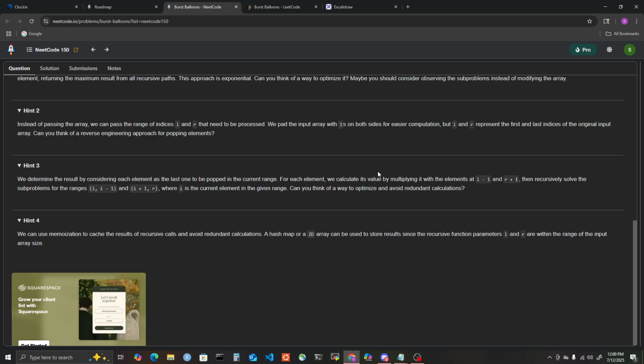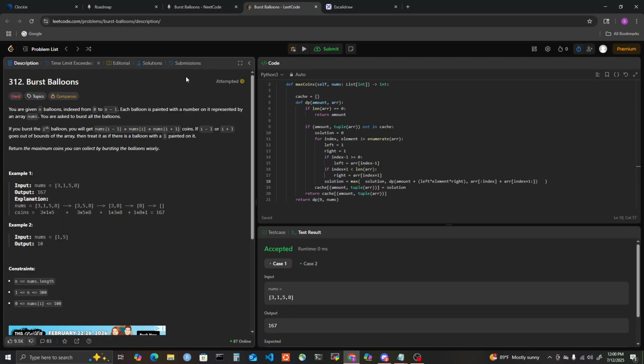I'm a bit confused on what he's saying by this. He's talking about splitting the array, but that's not the case. When I pop this one, it doesn't mean that now I have an array of 3 and 5, 8, yeah? Because 3 by itself would just be 3, then that's plus 5 times 8 times 1, which is 43, when in reality it should be way bigger than 43. It should be 120.